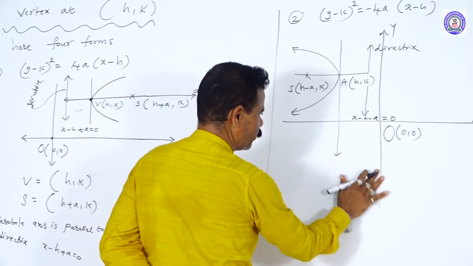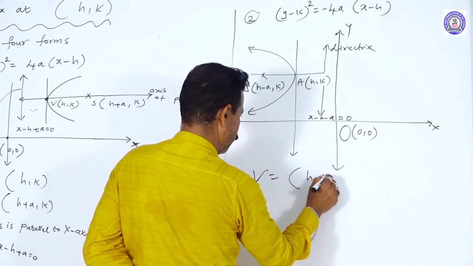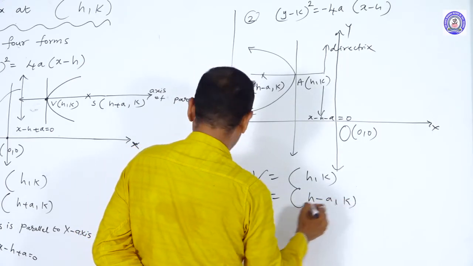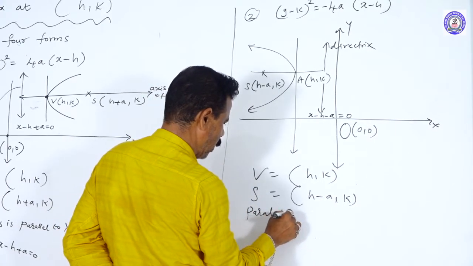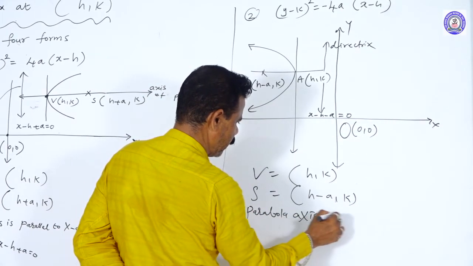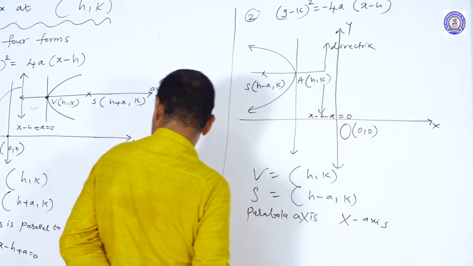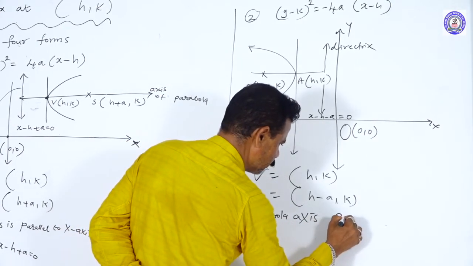So we write here V is equal to h comma k, same. S is h minus a comma k, and the parabola axis is parallel to x axis.